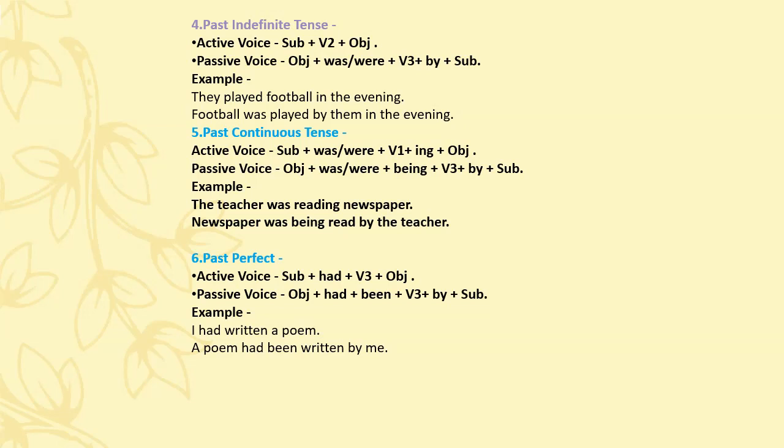Need not worry about singular or plural subject; with all subjects in past perfect, we use had. So: a poem had been written by me. The objective case of I is me, and since it is an affirmative or assertive sentence, you're going to use a full stop.